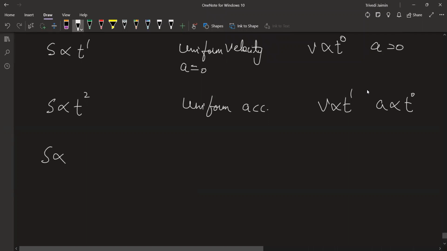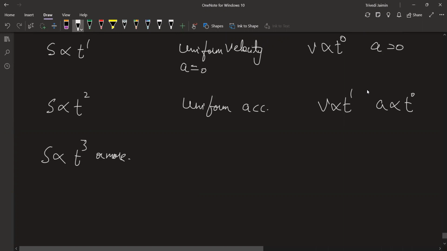When S is proportional to T to the power 3 or more, this is just for understanding. We will not use those things here. We'll directly use integration or differentiation, whichever is required.